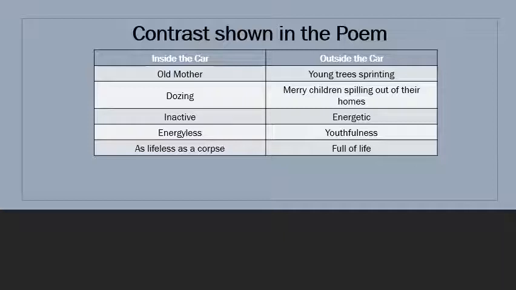So here is a contrast in the poem. What is the contrast? Contrast means two opposite things, completely opposite things. Inside the car, there was an old mother. Outside the car, there were young trees sprinting, merry children spilling out of their homes. Inside the car, the mother was dozing.